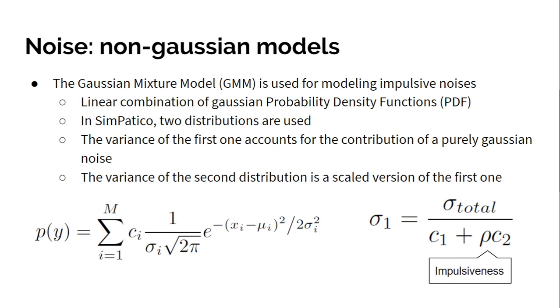We are worried about modeling impulsive noises in SimPatico, because it's quite common in acoustic signals. So this rho is going to address this, and it's going to be a really important factor in our future simulations.